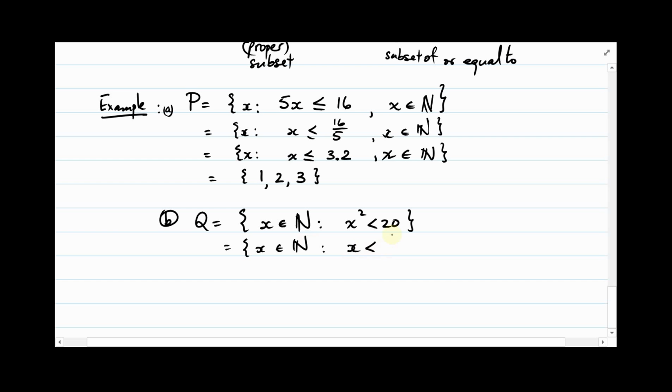There's no need to take the negative square root or negative values, because x is a member of the natural numbers. So square root of 20 would be roughly, this would be less than 5, 4 point something, just as an estimation. And so if we were to look at this, then we would have the numbers 1, 2, 3, and 4.